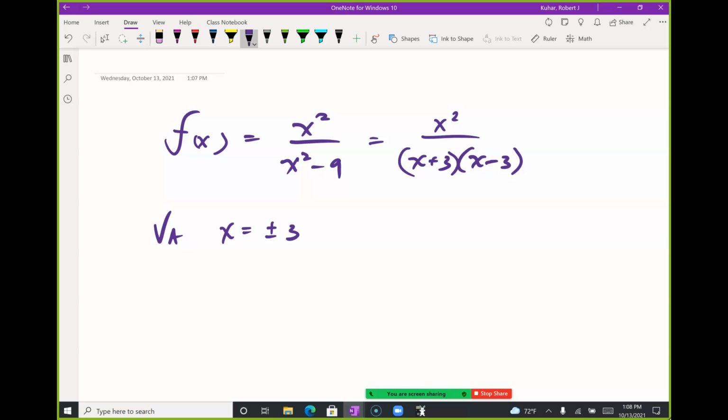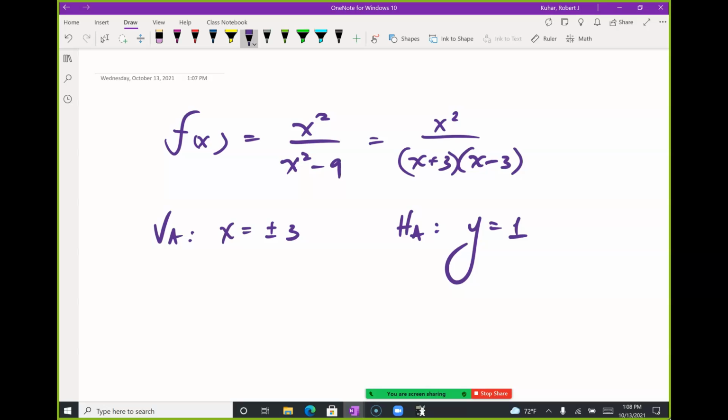What about the horizontal asymptote? Y equals what? Would it be 1? Y equals 1. So I'm looking at x squared over x squared, right? I'm looking at the mother of the numerator over the mother of the denominator, and they're the same.